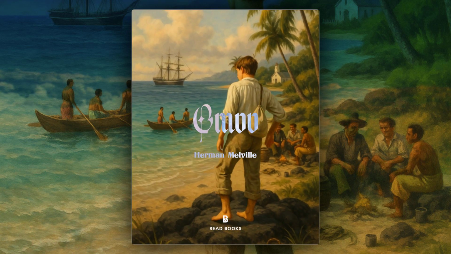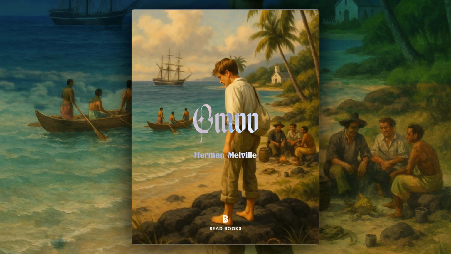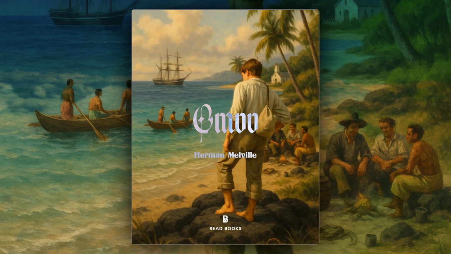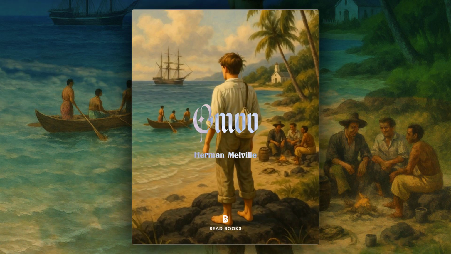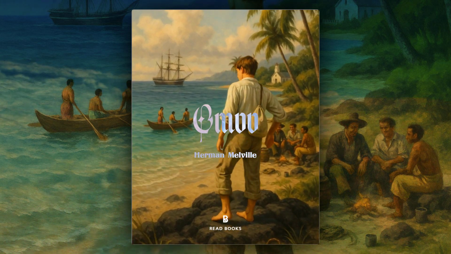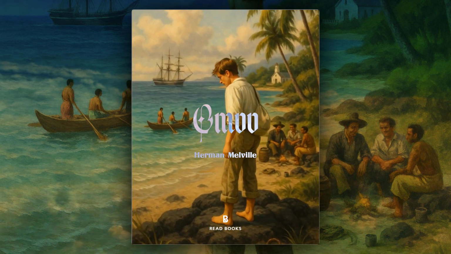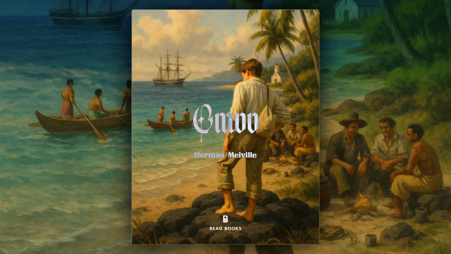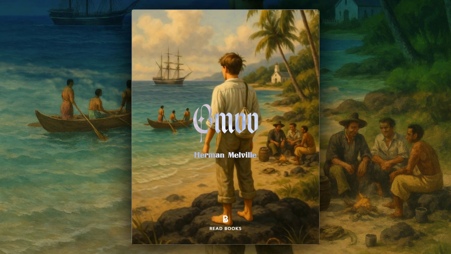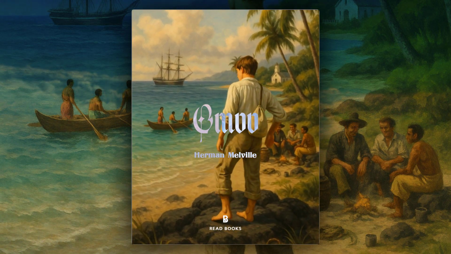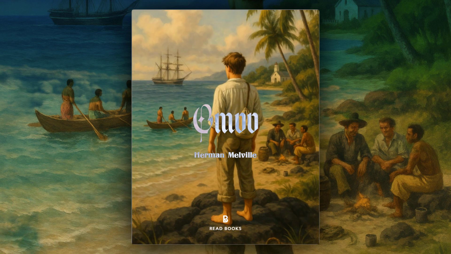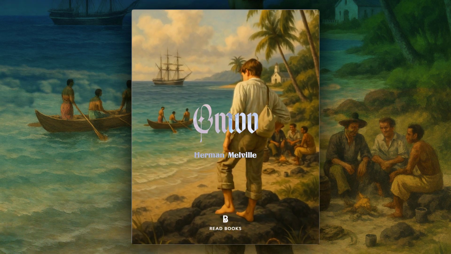The novel is set against the backdrop of the South Pacific, interweaving themes of adventure, cultural encounters, and the contrast between civilization and nature. The narrative begins with Tommo aboard a whaling ship called the Dolphin. The ship is on its way to the Marquesas Islands, where Tommo's previous adventures in Typee have already forged a connection to the region.